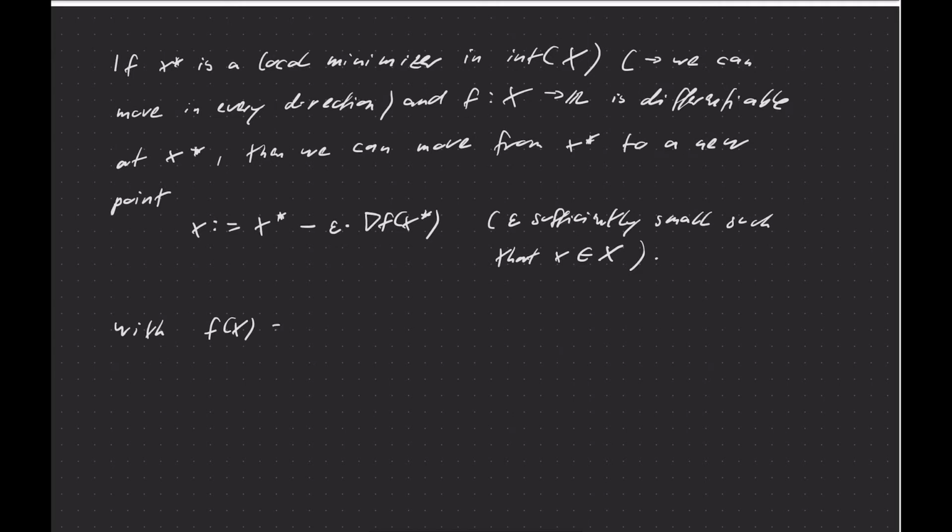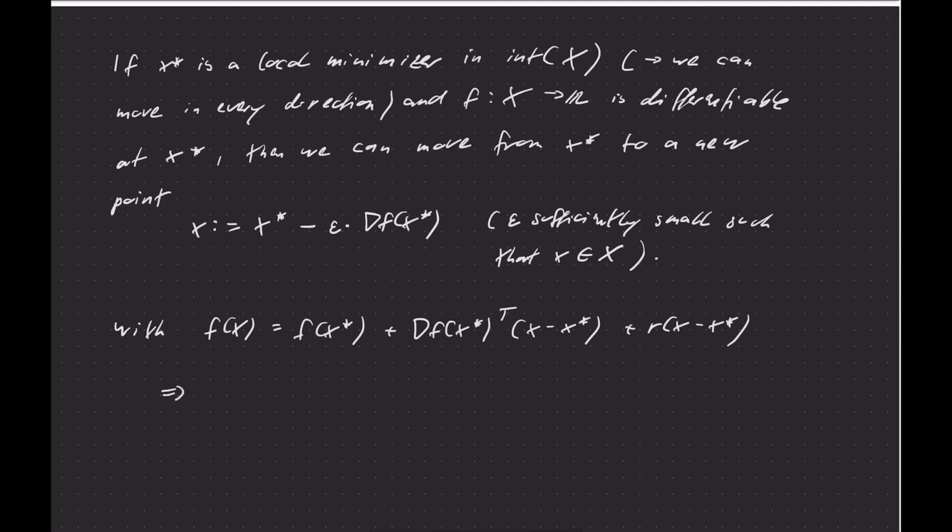So f of x is f of x star plus the gradient of f at x star transposed times x minus x star plus the remainder of x minus x star, and that remainder goes to 0 more quickly than x goes to x star.